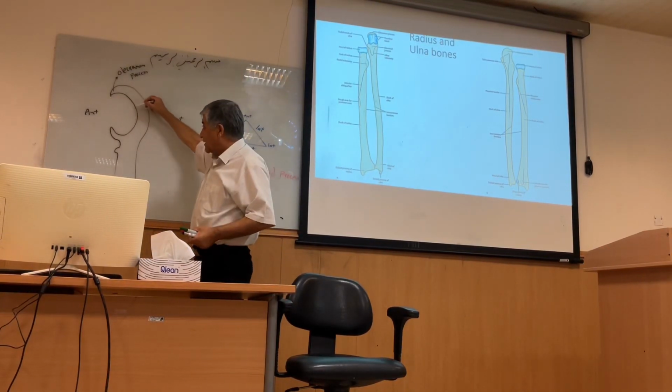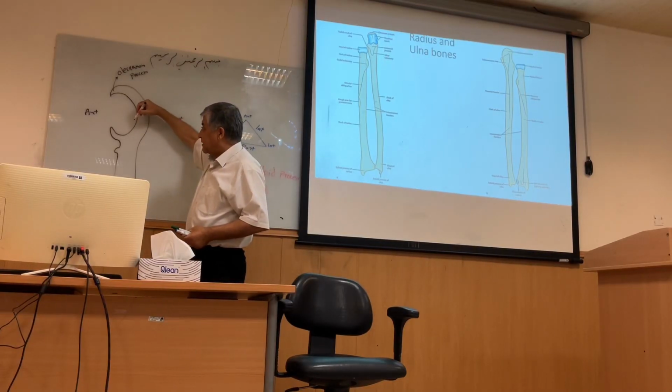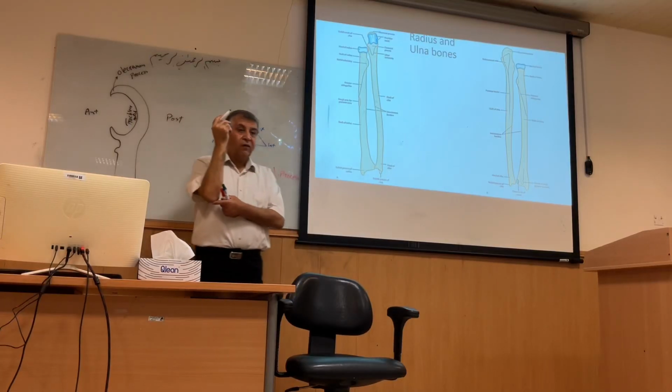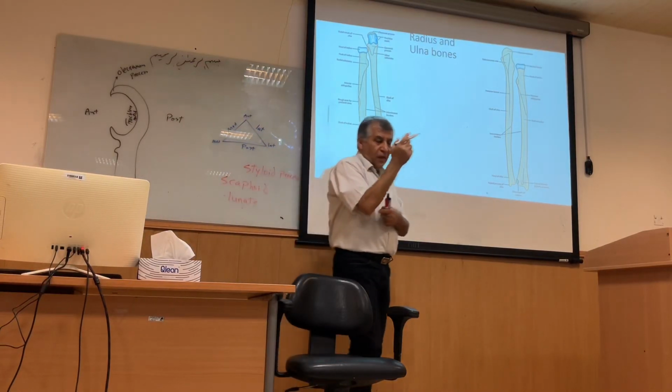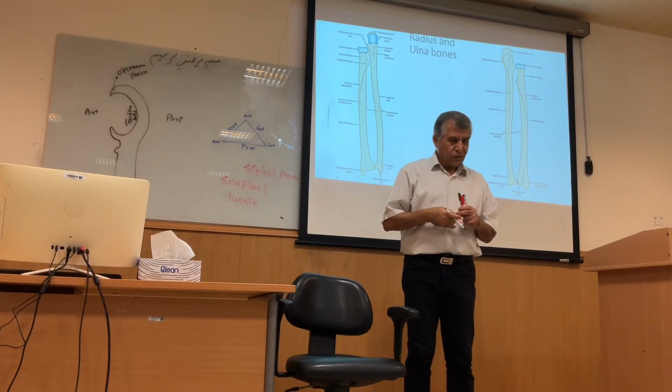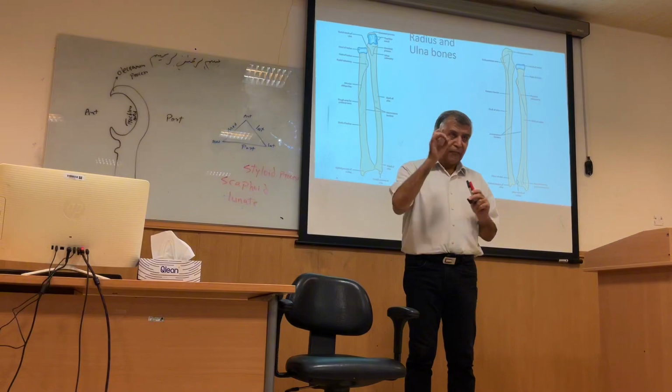Below it, you can see this notch. This notch is called the trochlear notch, because it articulates with the trochlea of the humerus. What is the name of this articulation?